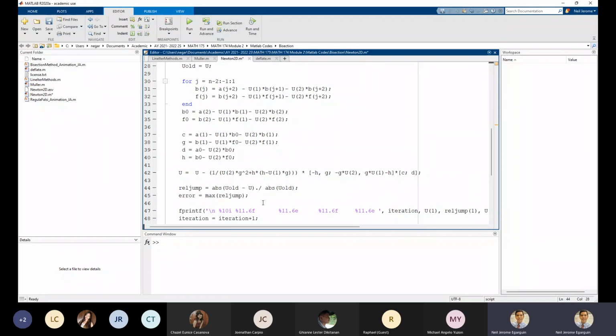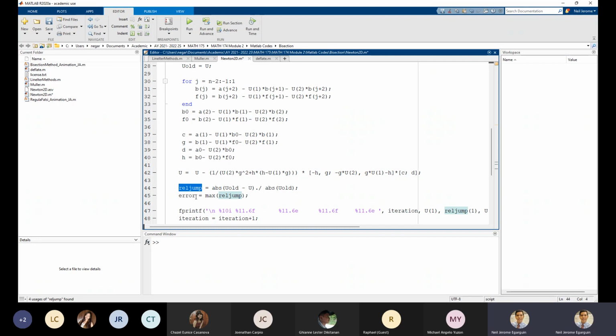So parang shinortcut ko lang to para isang line lang yung pagko-compute ng dalawang error thresholds or ng dalawang relative jumps. Tapos dahil gusto ko na parehas silang makasatisfy nung tolerance, isa-set ko yung error to be the maximum jump vector. Kasi yung relative jump, siya ay 2x1 vector na laman niya yung relative jumps kay U at saka relative jump kay V. Okay? Pag kinuha ko yung max ng isang vector, ibibigay niya yung pinakamalaking value or pinakamalaking entry ng vector na yon.